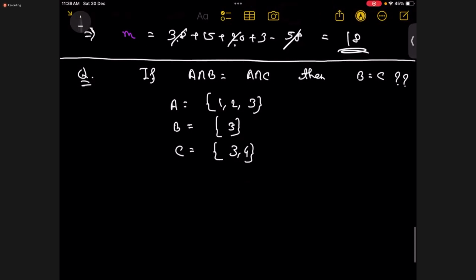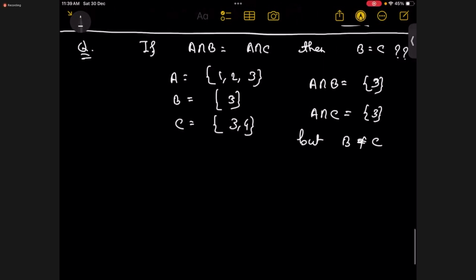Then clearly you can see A intersection B equals {3} and A intersection C equals again {3}, but B not equals C. Okay. Now the question is, if A union B equals A union C, then does B equals C hold?